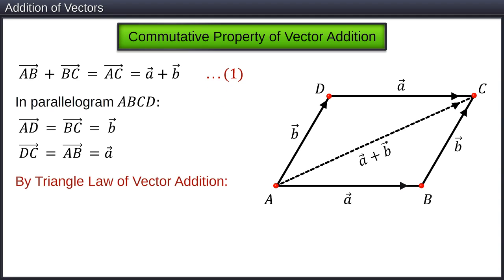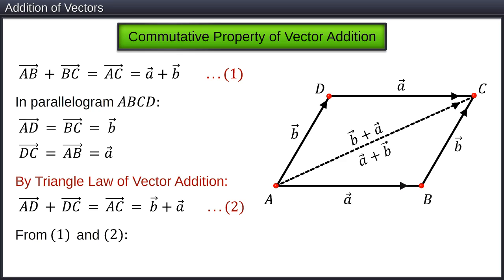Applying the triangle law of vector addition to triangle ADC, vector AC is equal to vector AD plus vector DC, which is equal to vector B plus vector A. Thus, we find that vector A plus vector B is equal to vector B plus vector A. Hence, vector addition is commutative.